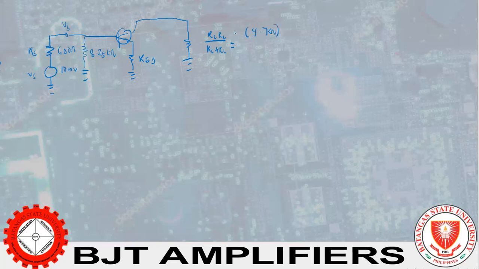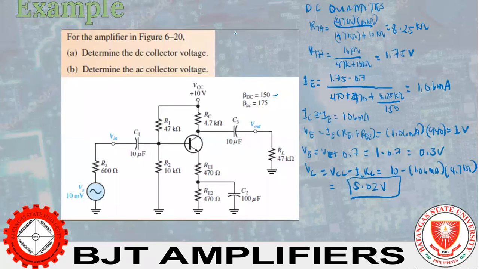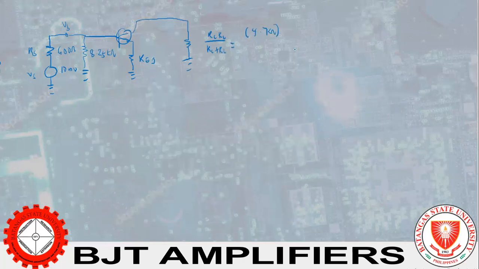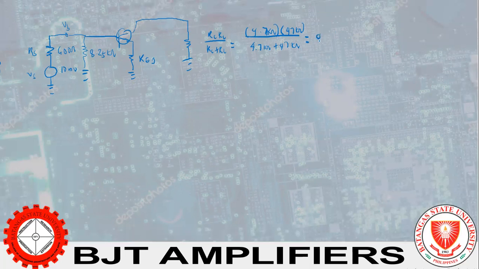Ano nga yun? 4.7 kilo saka 47 kilo ohm. 4.47 kilo ohms. So, makakakuha tayo dito ng 4.27 kilo ohms. Okay? So, yan. Yan is AC equivalent circuit natin. So, AC equivalent circuit. Okay?